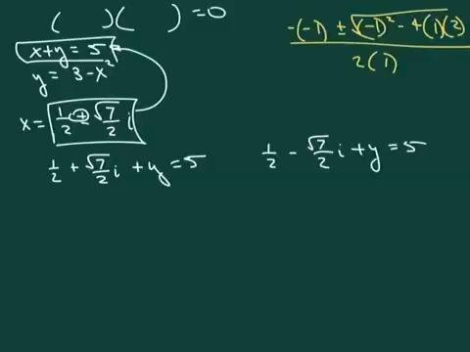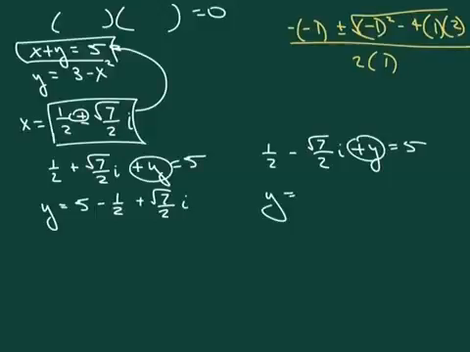Okay, so let's set this all equal to y here. So we have y equals 5 minus 1/2 plus the square root of 7/2 i. Okay, so I just isolated the y. I'm going to do the same thing here. y equals 5 minus 1/2 minus the square root of 7/2 i.